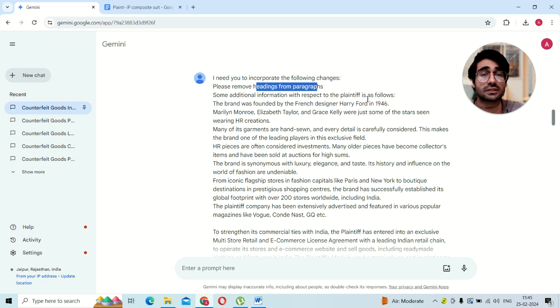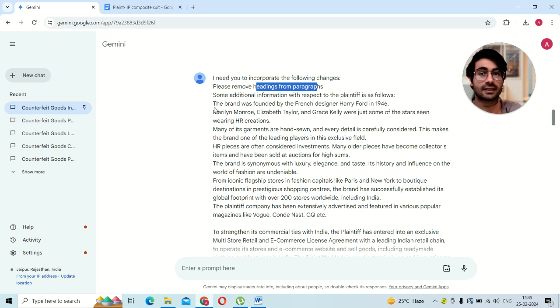Some additional information with respect to the plaintiff is as follows. So I provided some additional information with respect to the plaintiff because whoever is reading it, I would need to get the impression across that this particular brand is very, very popular, so that I can establish the fact that yes, the defendant would have the intention to actually copy something that the plaintiff owns, right?